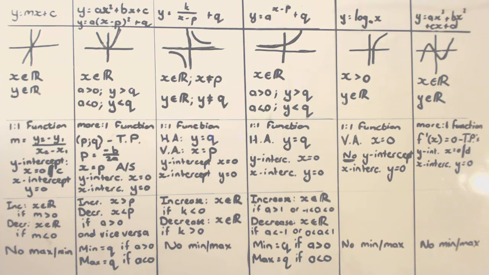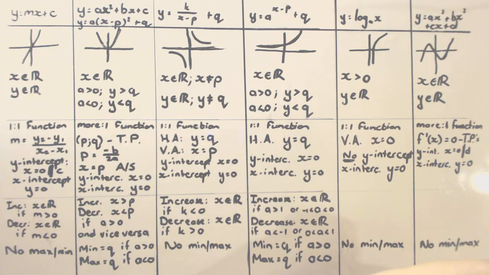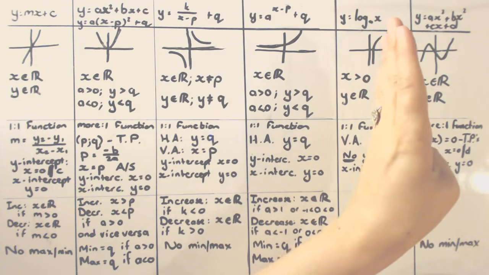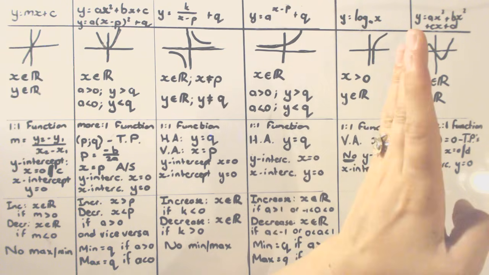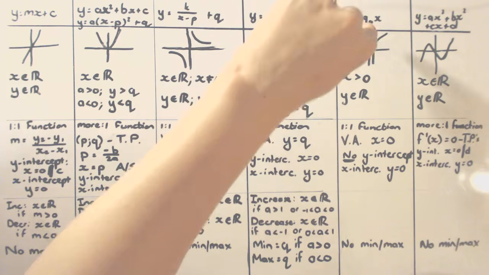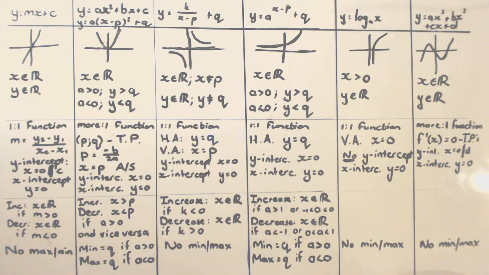And then for the log function, I also have a vertical asymptote, which in the cases that we work will always be x is equal to 0, which is the y-axis.